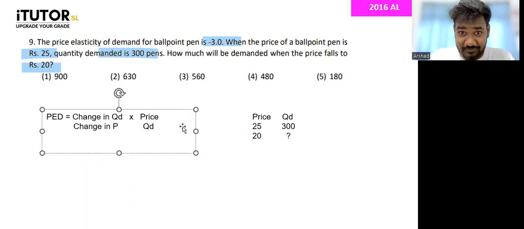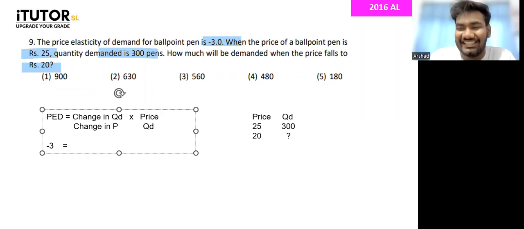Can you give me numbers? What should I put here as PED? I'm substituting to this equation. I should put -3. Don't forget the minus. Change in QD. What do I put?